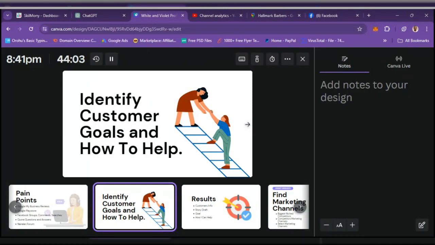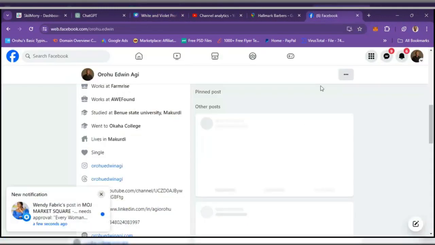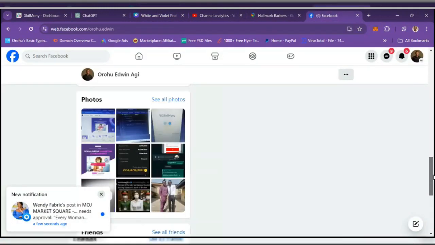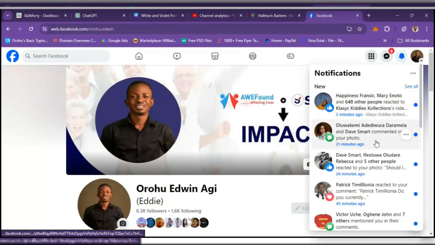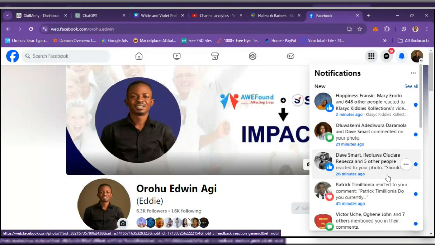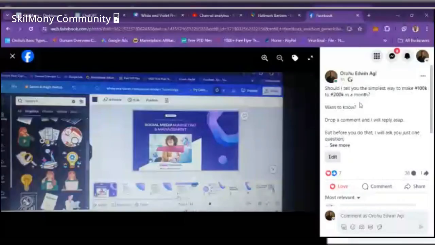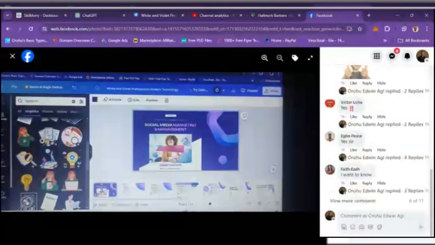For instance, like the post I just made reference to, many persons were saying one or two things about making money. Now I can decide, from the post, okay, this is the post. Should I tell you the simplest way to make 100K to 200K in a month? This is a question, and many persons responded.